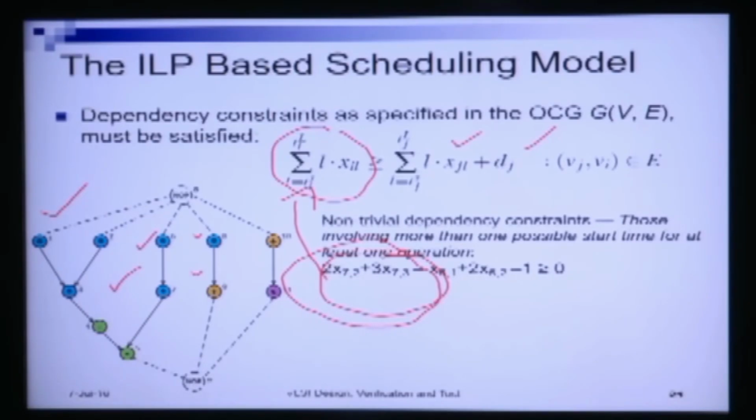So, we know that the 7th operation can start either in the 3rd time step or in the 2nd time step. If it starts in the 2nd time step, its time is given by 2 into x7,2. If it starts in the 3rd time step, its time is given by 3 into x7,3. Because only one of x7,2 or x7,3 can be 1, the value of this expression 2x72 plus 3x73 can either be 2 or 3.